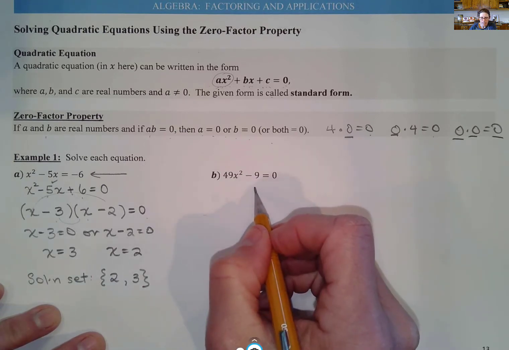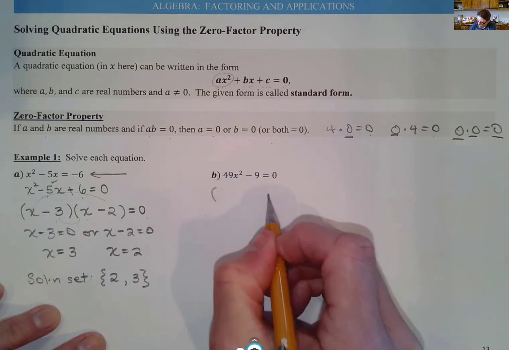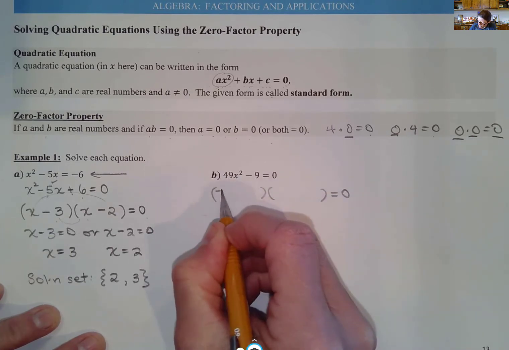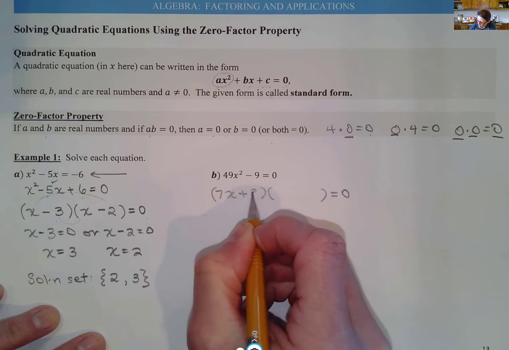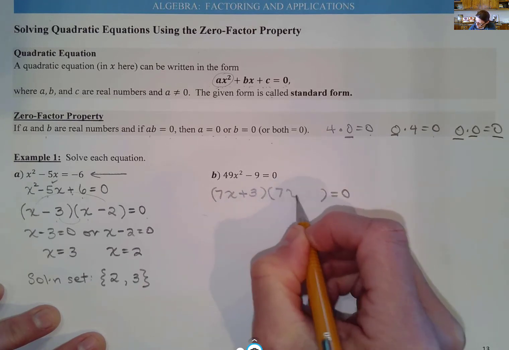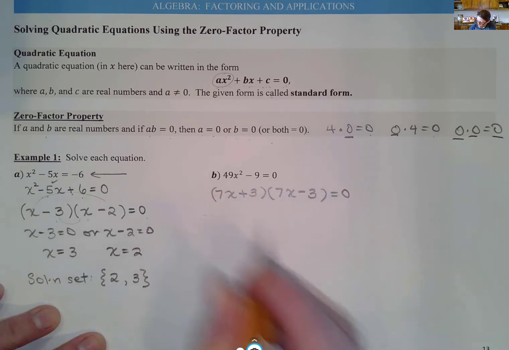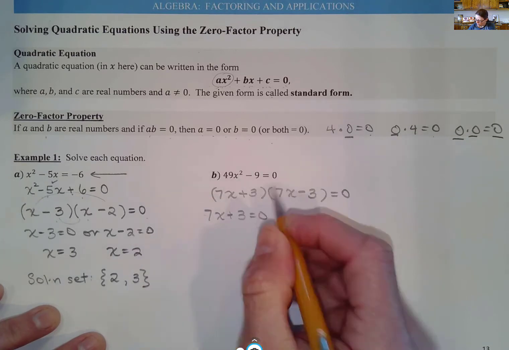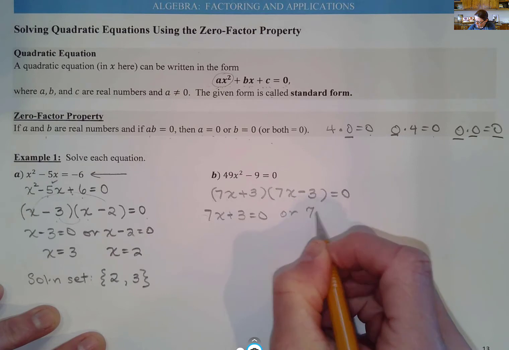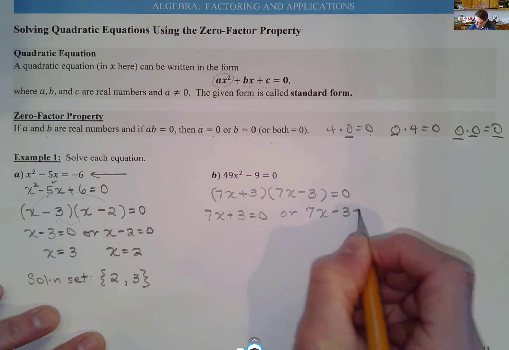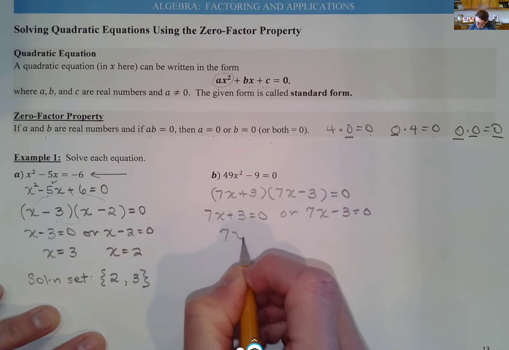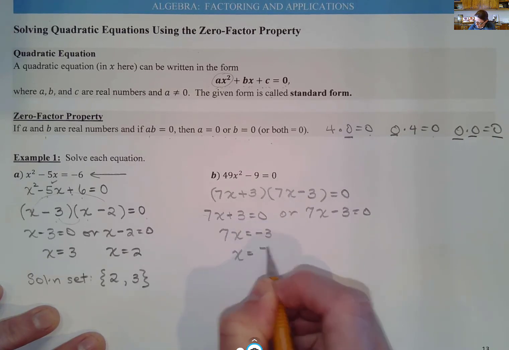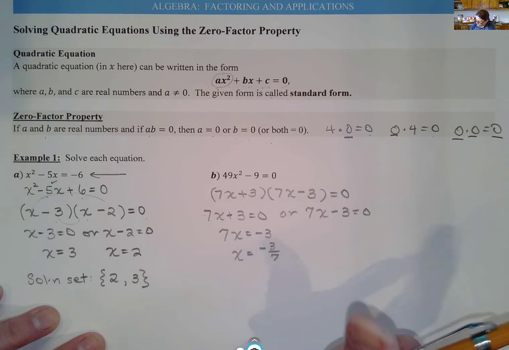Part B, it's already in standard form, and here we have a difference of squares, which factors 7x plus 3 times 7x minus 3. Zero-factor property, 7x plus 3 is equal to 0, or 7x minus 3 is equal to 0. Subtract 3, divide by 7. X is -3/7.